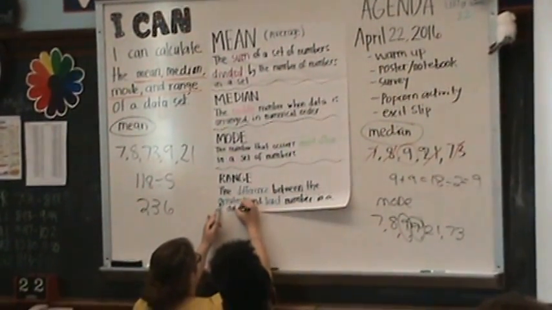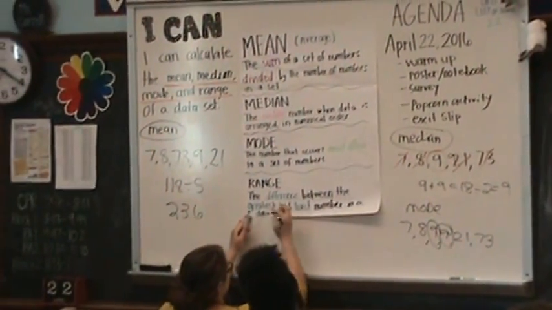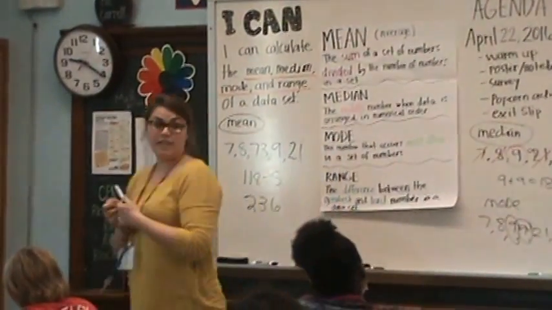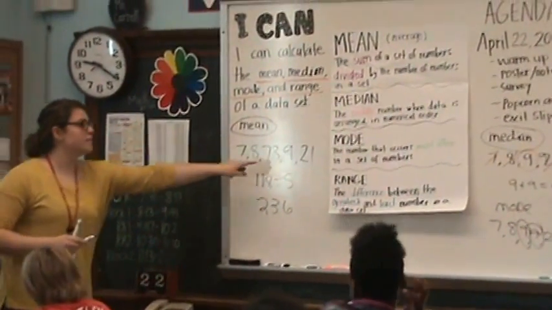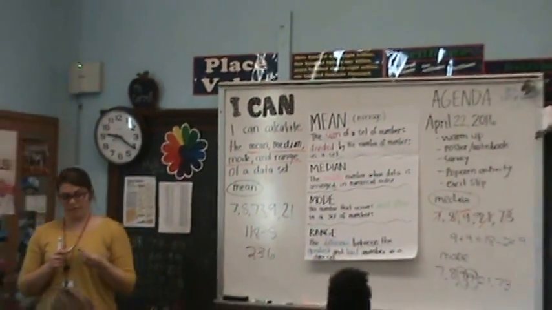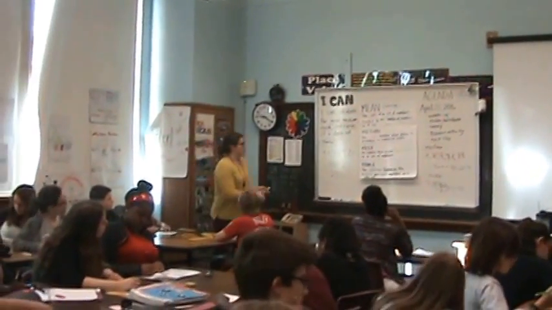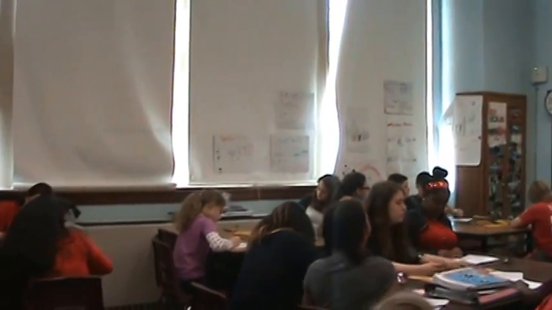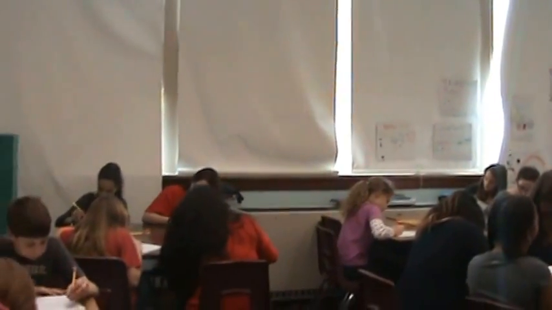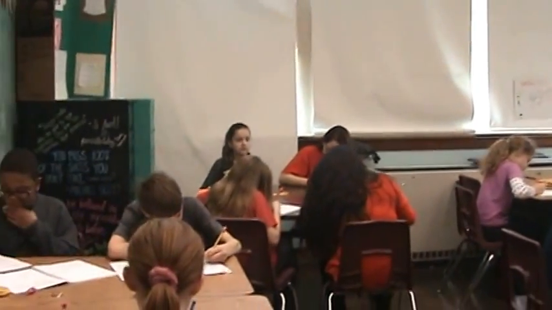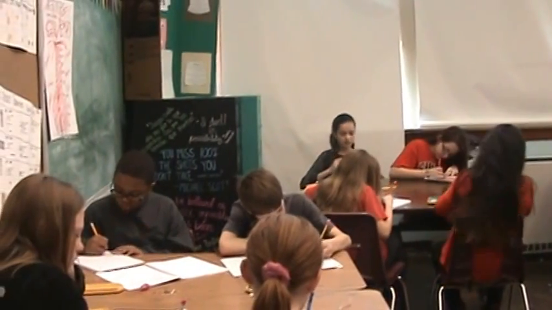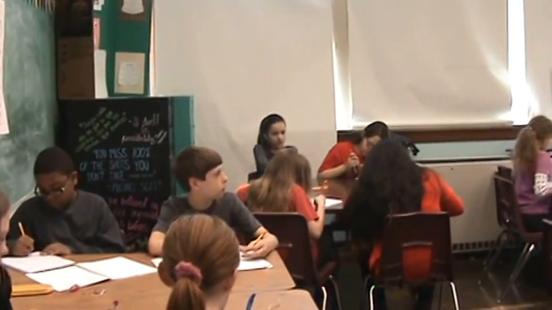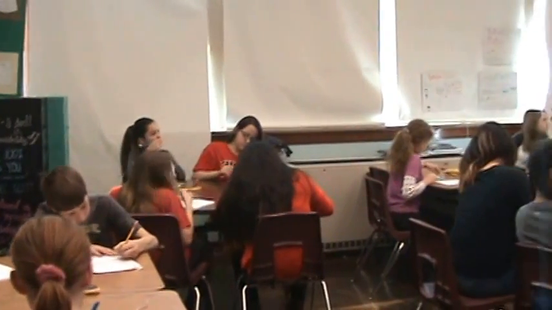So all you do is take the biggest number and subtract the smallest number. The biggest number is 73, the smallest number is 7. Your range would be 73 minus 7, which is 66, correct?